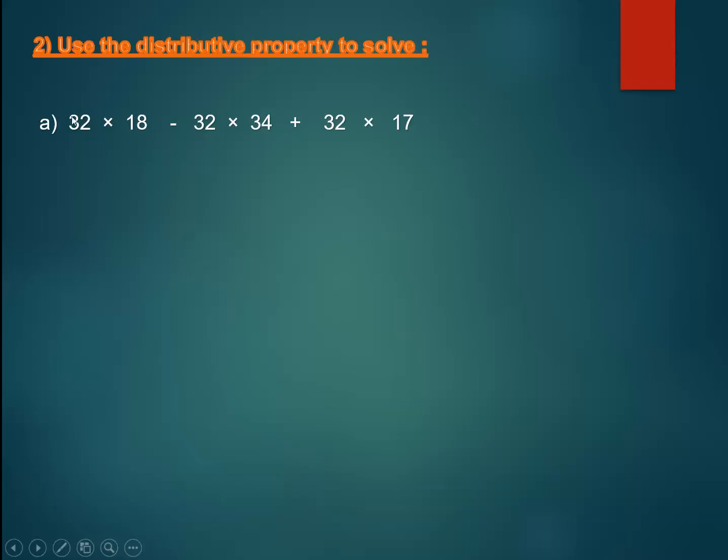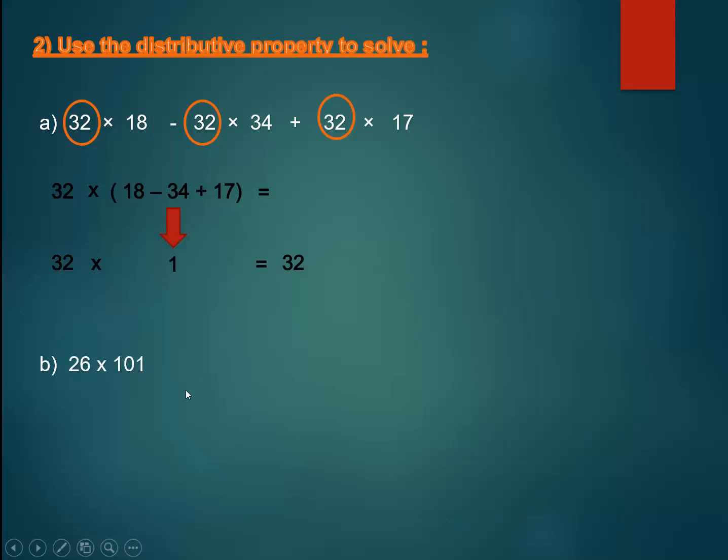Here we find that 32 is repeated, so take 32 as common and put multiplication: 32 times open brackets, 18 minus 34 plus 17, so it will be 32 times 1, which will be 32.